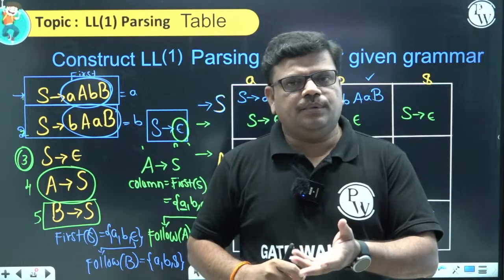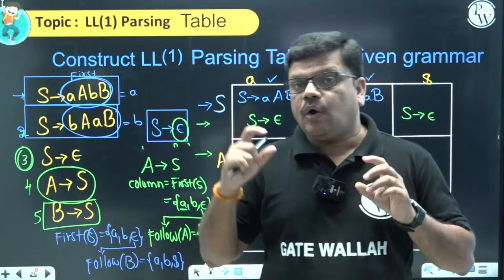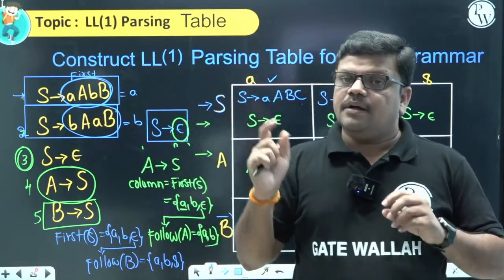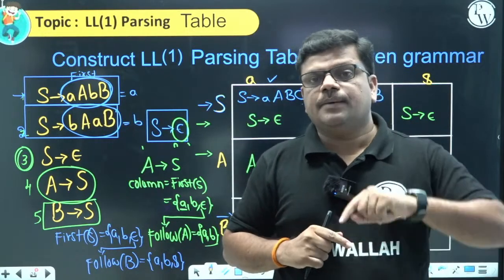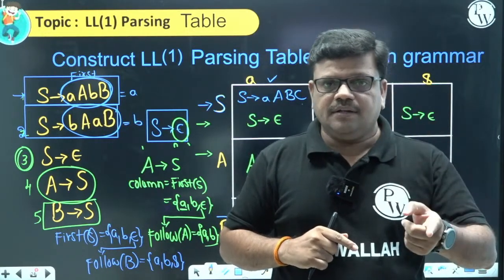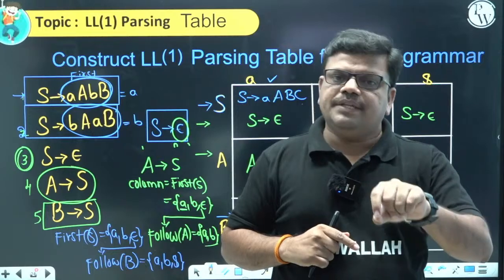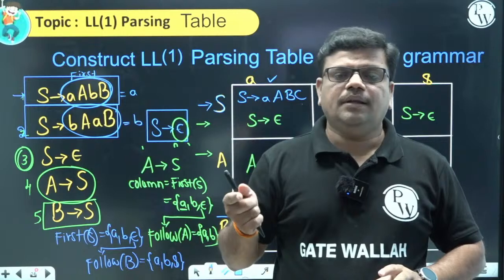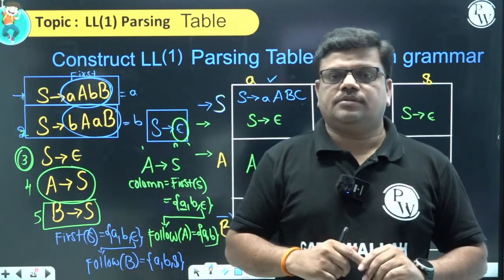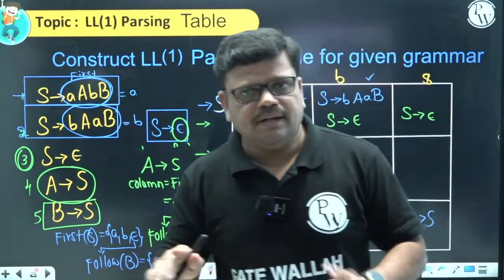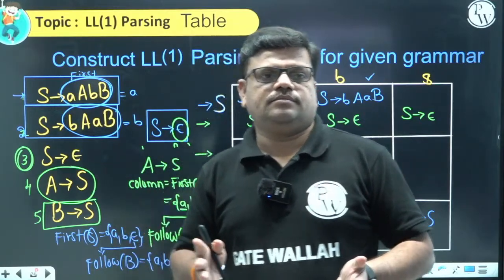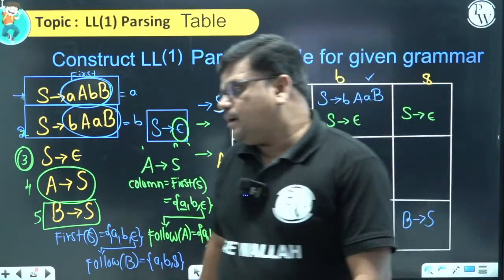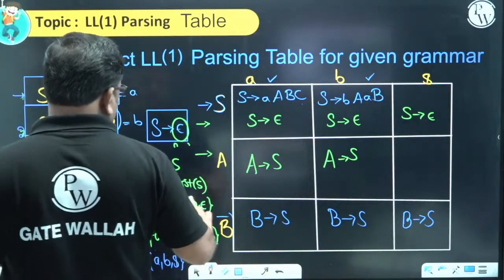Deciding the row is very simple: it's the left hand side non-terminal. Deciding the column uses the right hand side first calculation. In the right hand side first calculation, if you have epsilon, then take the follow value of that non-terminal in order to decide the columns. If epsilon is not there, there is no need to go for the follows. Okay, so this is the way the table will be constructed.